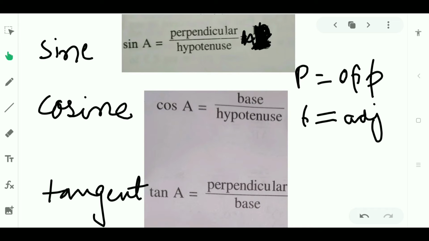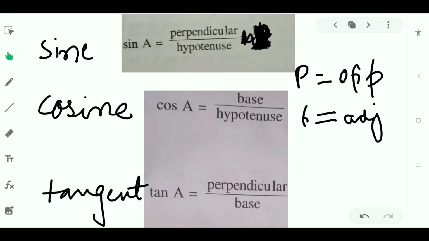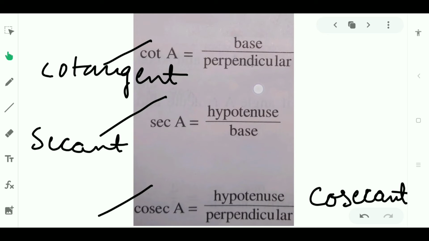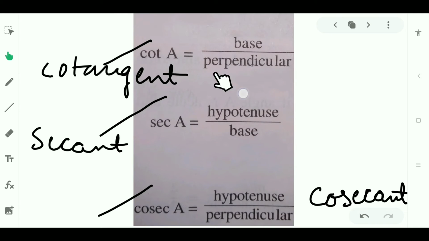Now first let us take cot. This is cotangent. Where do we find tangent? Here in tan. What is tan? Perpendicular by base, or opposite by adjacent. Here you can see base by perpendicular, just the reverse of tan, is the cotangent.